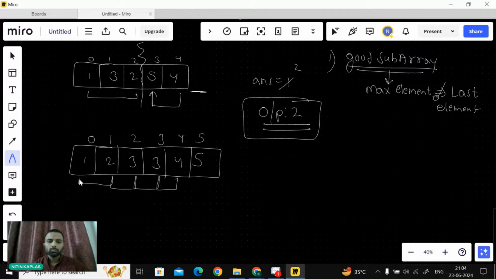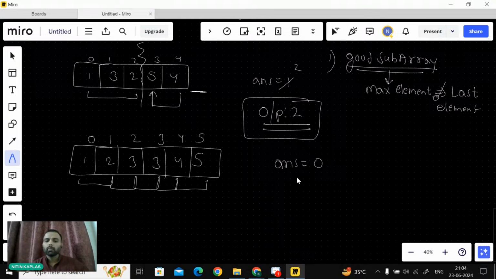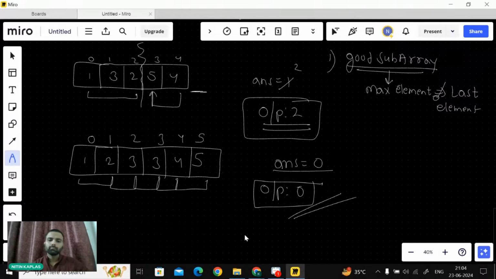So my answer is not incremented in that case. It remains 0, so we just return 0. That's the solution of it. Now I'm thinking, I just traverse from the start. Is this correct? Now let's do another test case.